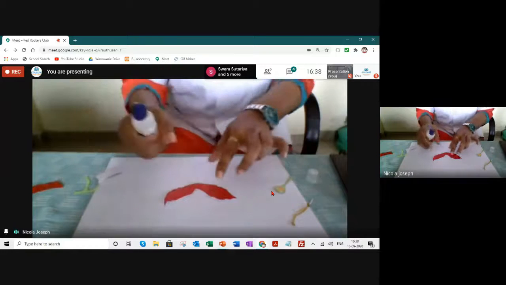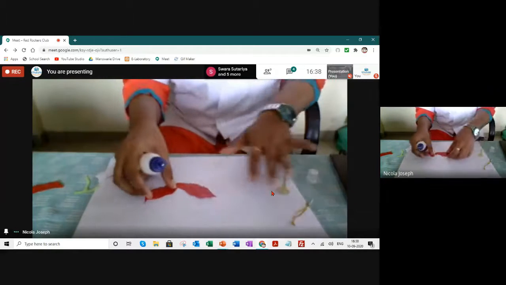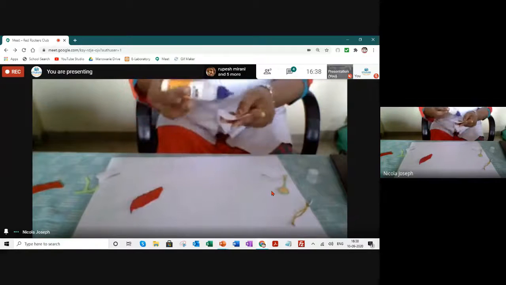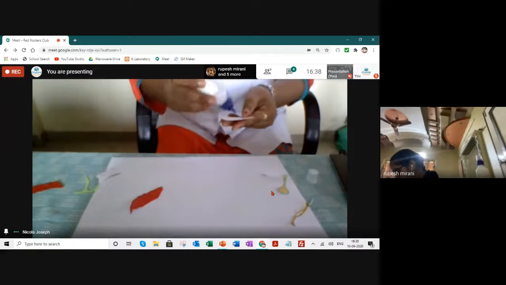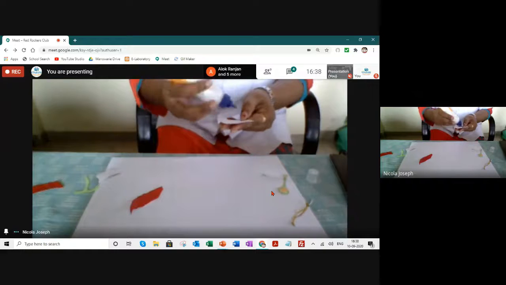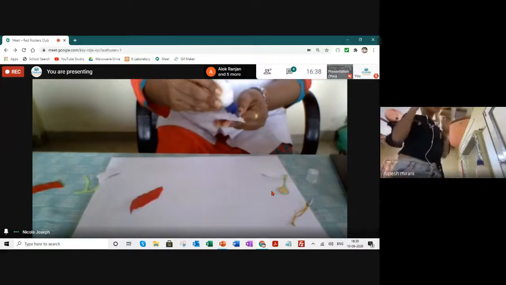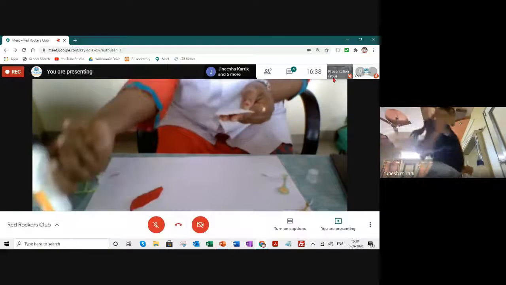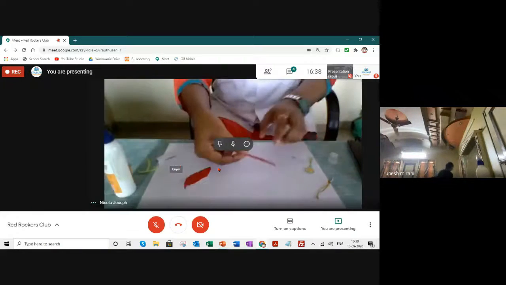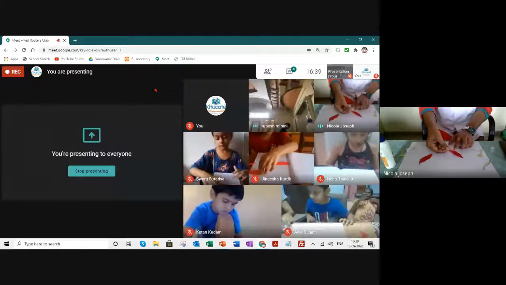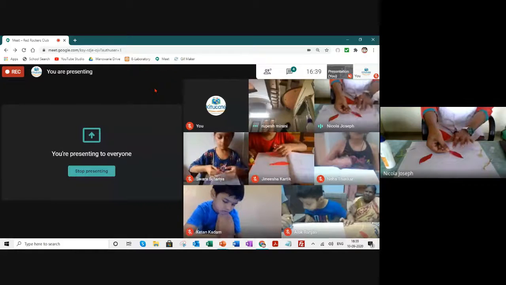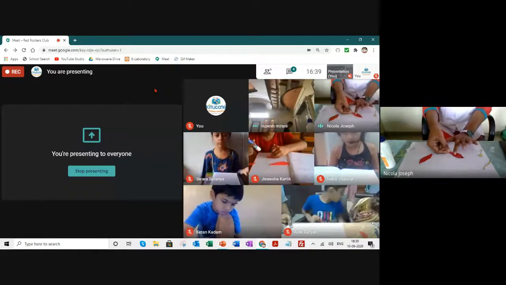First, paste the two petals to the paper. Everyone, are you all doing it? Ma'am, just 1 minute. Yes. So one petal, and don't paste it very high, okay, because other parts will also come.